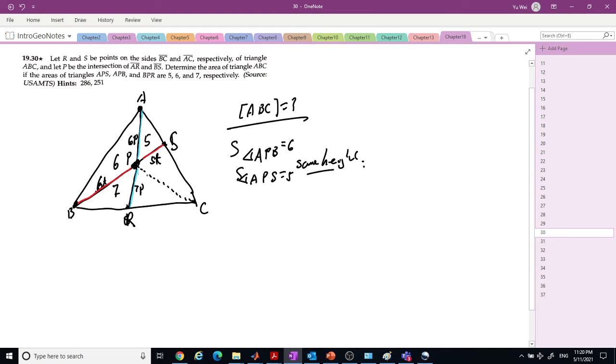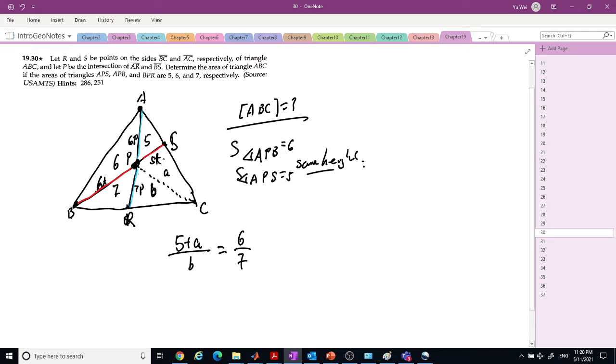Okay, so let's say this is B and this is A. We know AP over RP is 6 over 7, which means (5 plus A) over B is equal to 6 over 7, right?